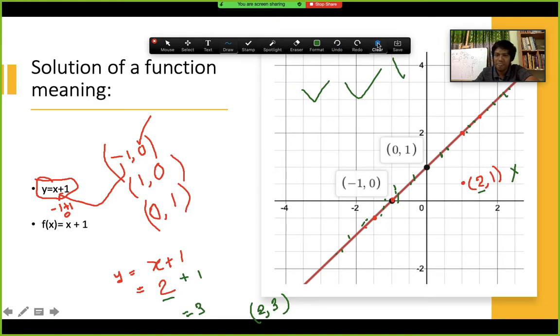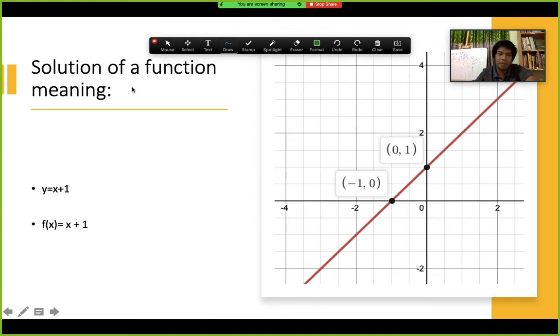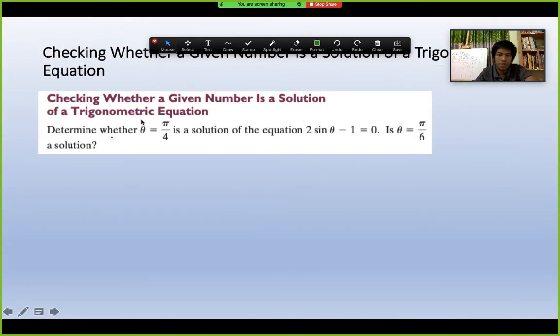So this is a simple example of the meaning of a solution. Solution means that the point will actually satisfy the equation. Now we can continue the same thought process for our trigonometric function.